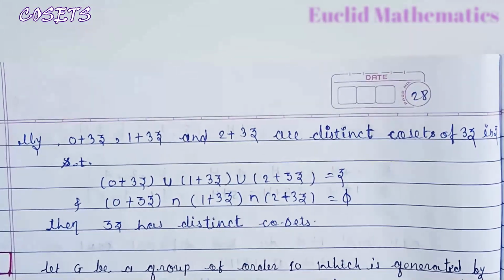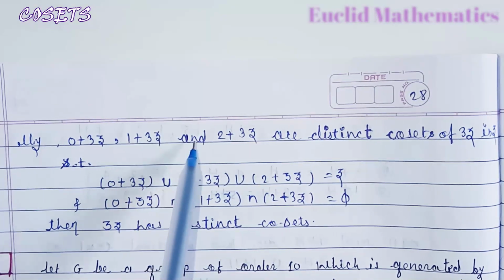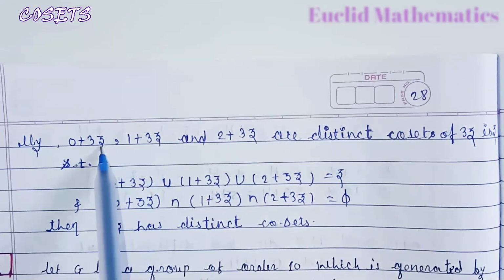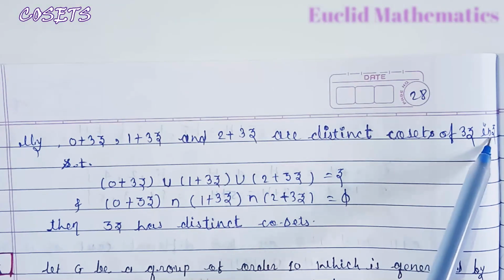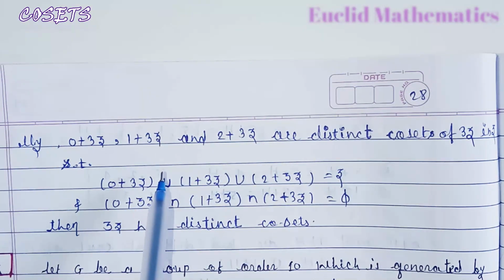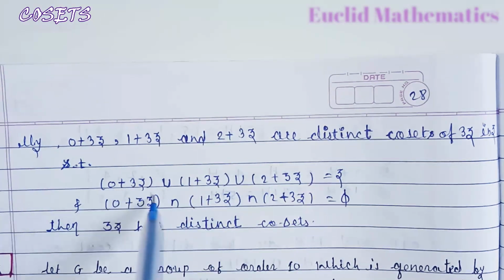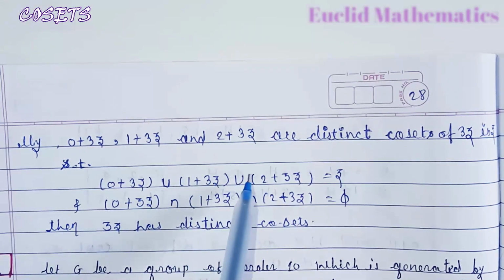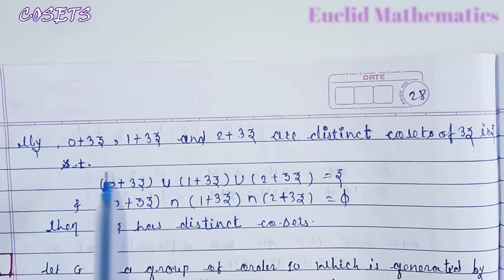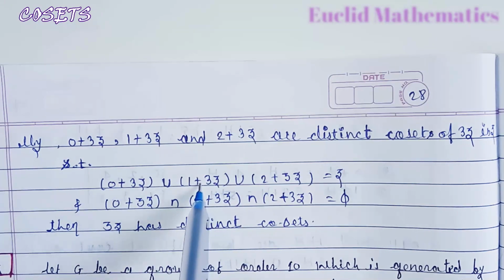Here I got the distinct values 0 plus 3Z, 1 plus 3Z, 2 plus 3Z. These are the distinct cosets of 3Z in Z, where 3Z is the subgroup of Z. If we take 0 plus 3Z union 1 plus 3Z union 2 plus 3Z, we get the whole group Z. These cosets generate the whole group, so we select only the distinct cosets.